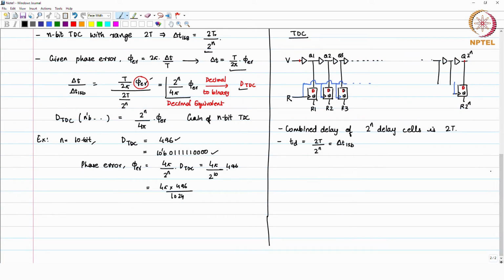Okay. So, now just think about it. Let us say you have the reference clock coming like this. This is your reference clock, and your feedback clock is coming somewhere here.